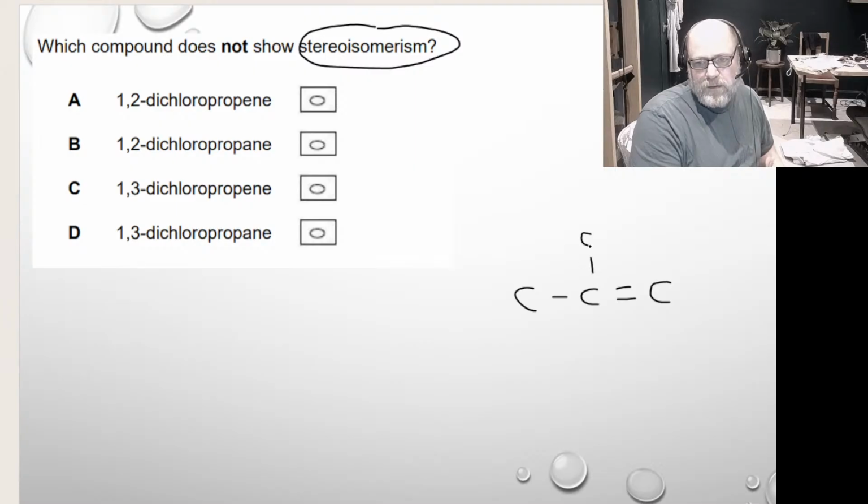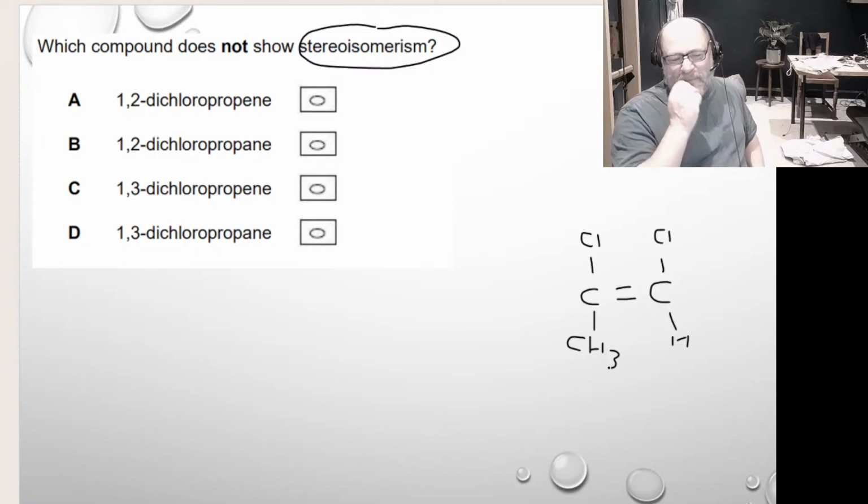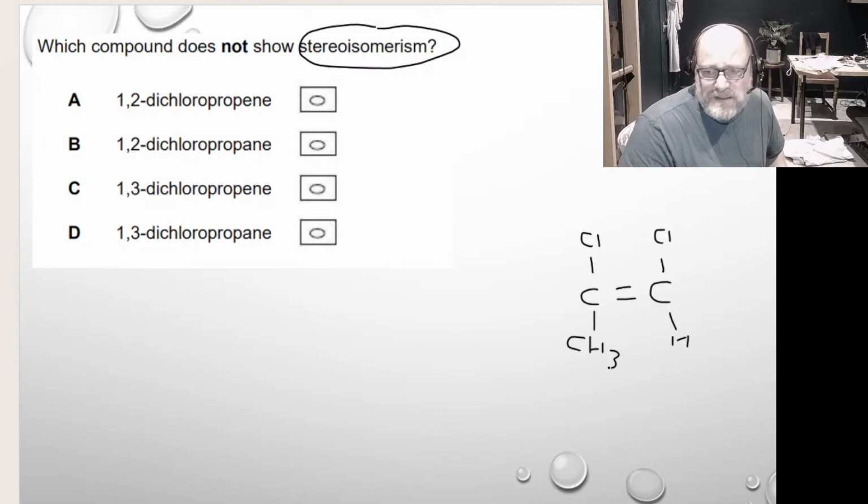So we've got a chlorine there and there. Oh no, this could do optical isomer. Why have I got an extra bond there? That should be a carbon, right? Yeah, that could do cis trans.